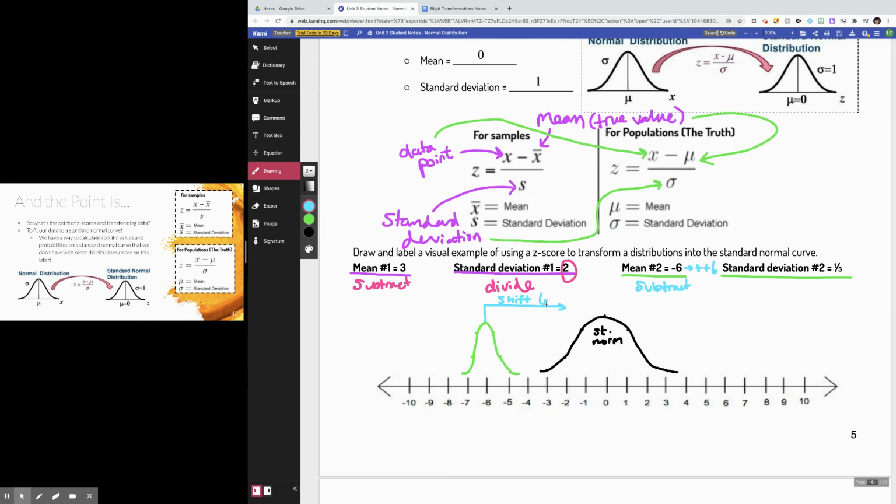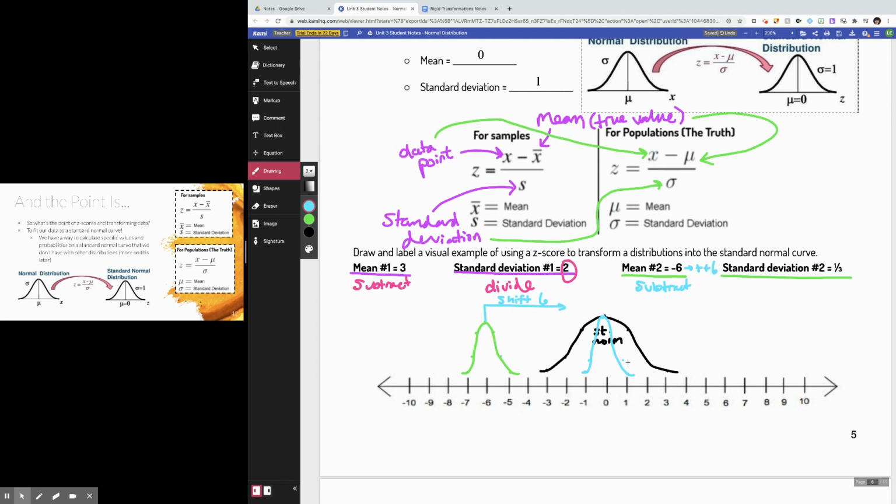When I do that, my new mean is at 0, but it's still this really, really skinny looking distribution. My mouse did something crazy there, so it's kind of writing over my standard normal. But see, it's still this really skinny distribution.